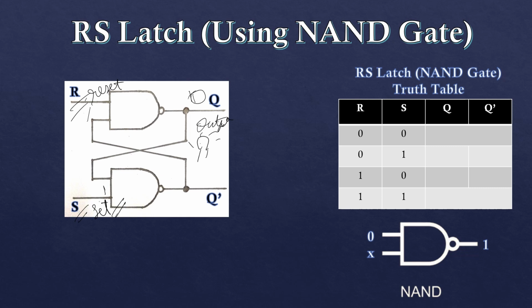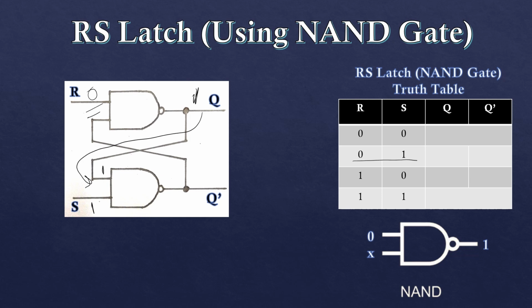Now we'll fill the truth table. First we'll consider the case when R is 0 and S is 1. You have seen that when one of the inputs is 0, then directly I should write the output as 1. This is the NAND gate property, which I showed below the truth table also. Now the output 1 will go to the input of the second NAND gate.